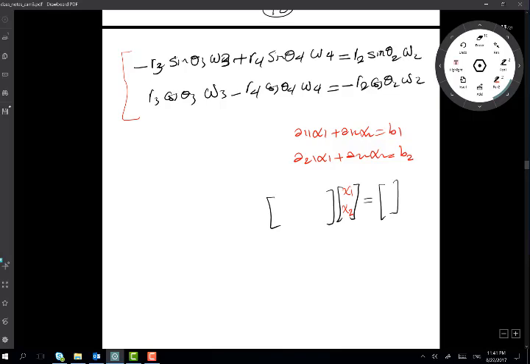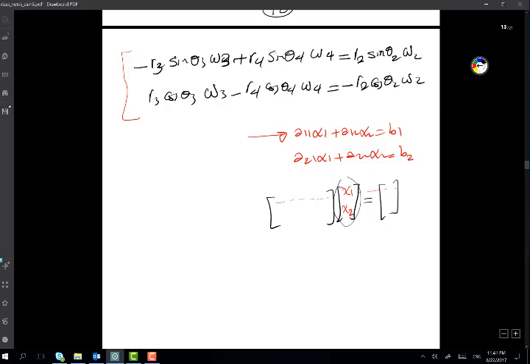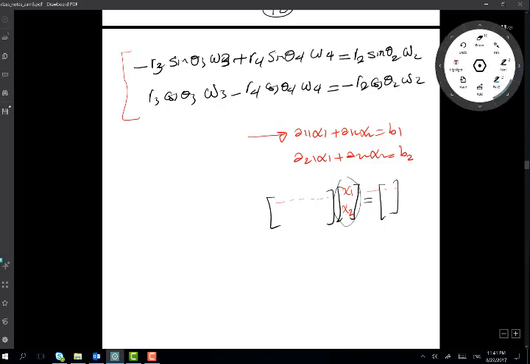When you multiply the matrices, you multiply a column on this side by the row on the other side. So x1 goes into the first entry here, and x2 goes into the second one, and so on. When I do that, this will be equal to b1.